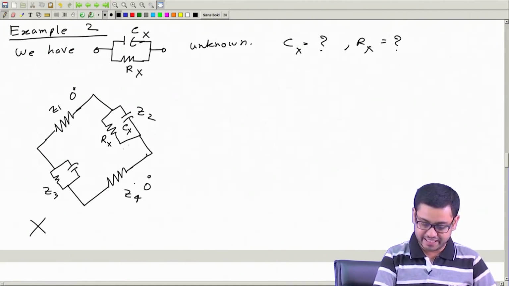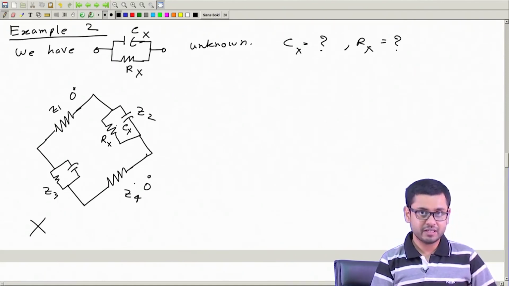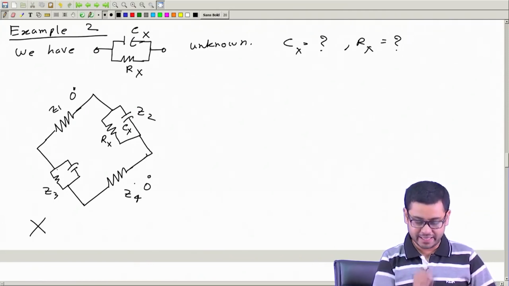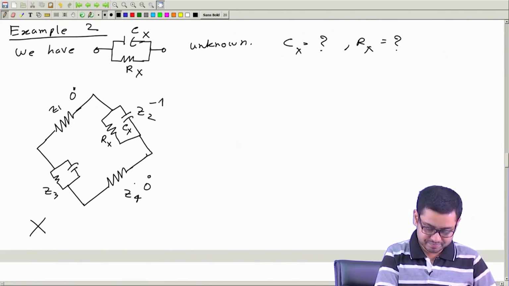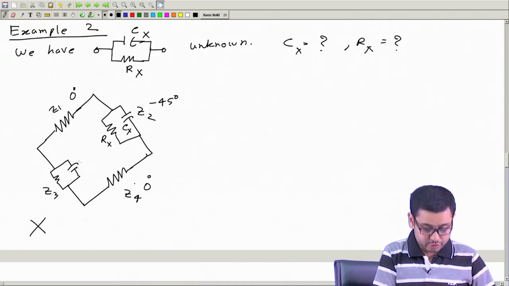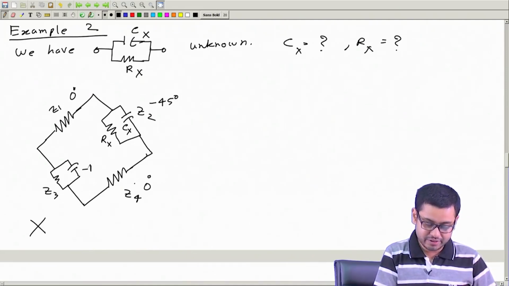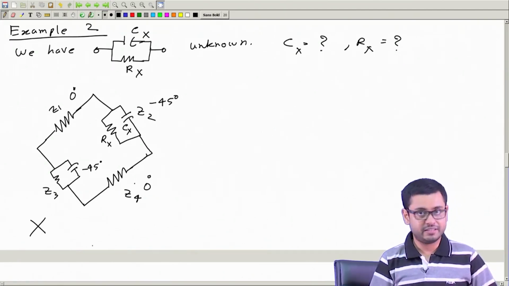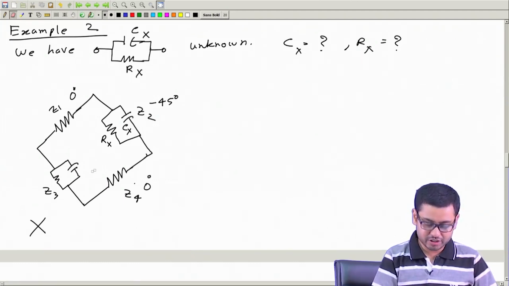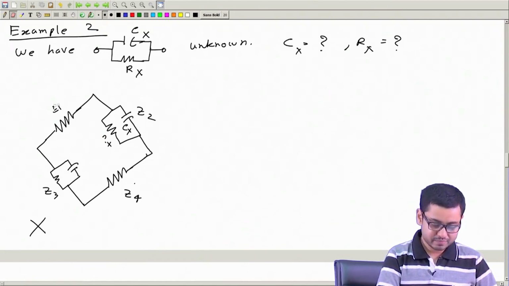The angle of the RC parallel combination will be somewhere between 0 and minus 90, and this will also be between 0 and minus 90, say minus 45 each. So their sum is minus 90 and the other sum is 0, they cannot be equal. So, this bridge is not balanceable. So, this bridge is wrong.